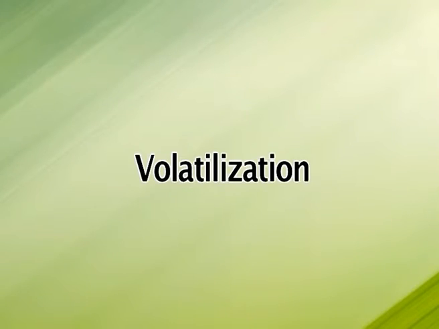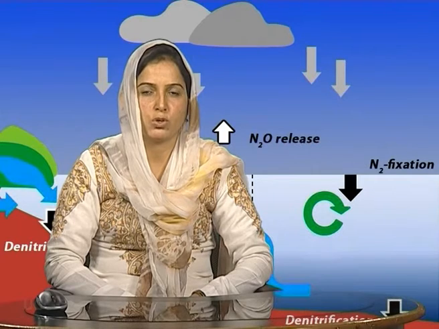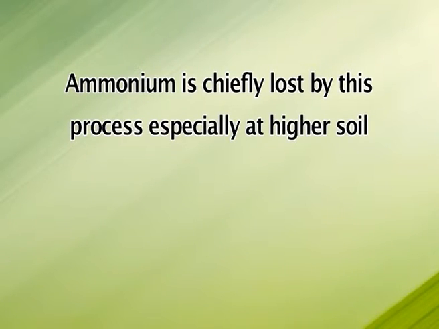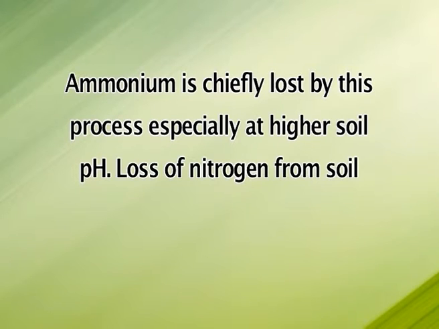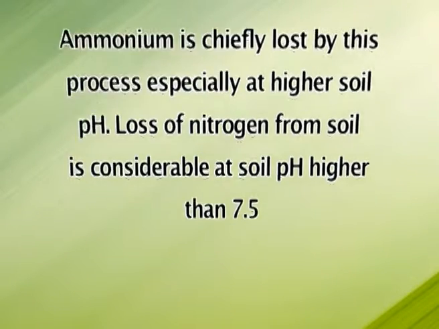Now the volatilization. Volatilization is the loss of nitrogen from the soil in the form of ammonia gas. Ammonium is chiefly lost by this process, especially at higher soil pH. Loss of nitrogen from soil is considerable at soil pH higher than 7.5.